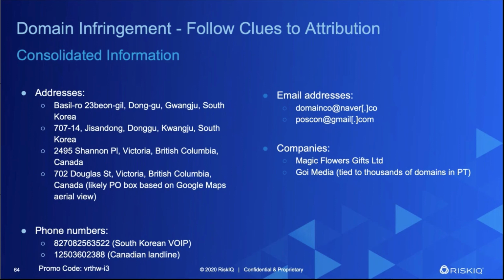And turns out I searched the companies that we just found, and Goy Media is actually tied to thousands of additional domains in Passive Total that I hadn't seen prior. So again, when you are tracking something that you think is a real problem, a large scale campaign, and you're trying to wrap your head around it, it behooves you to go the extra mile and look both at the infrastructure and the people side. Any questions on that?